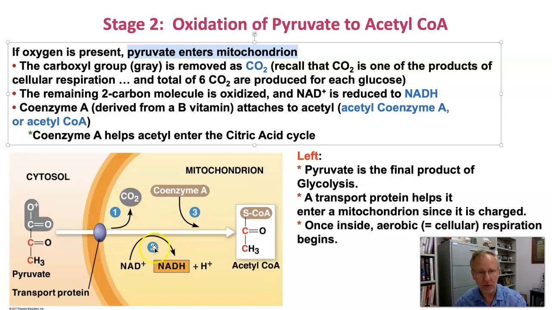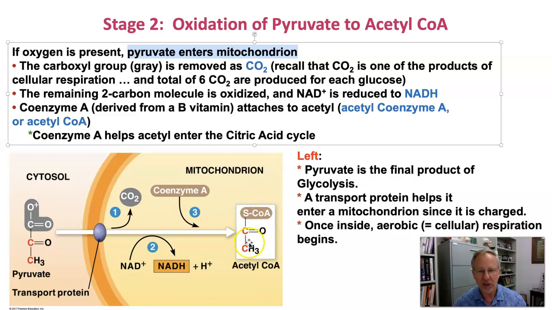Step 2 in pyruvate oxidation is that the remaining little 2-carbon molecule is oxidized. Electrons and hydrogen are removed and NAD is reduced. So we're making a little more NADH to shuttle electrons to where they're going to be used to make a lot of ATP. The final step is a coenzyme called coenzyme A latches on to that little 2-carbon molecule that's left over. That molecule is called acetyl.